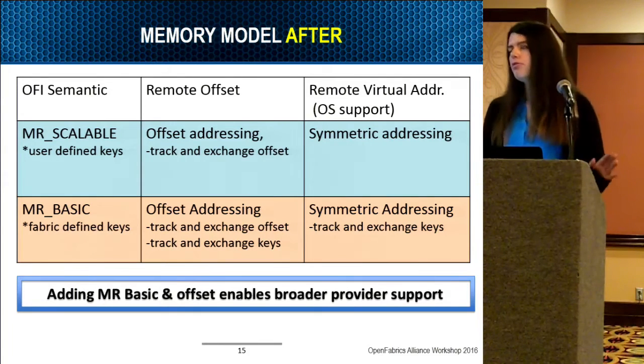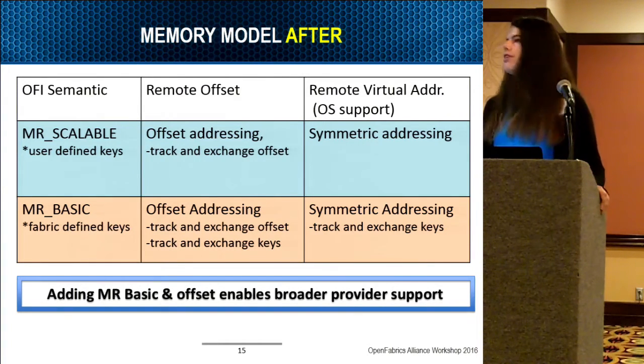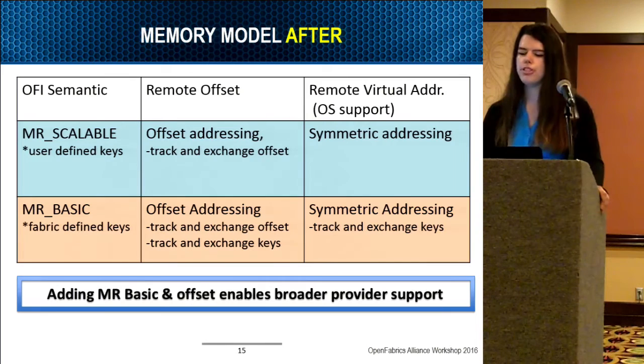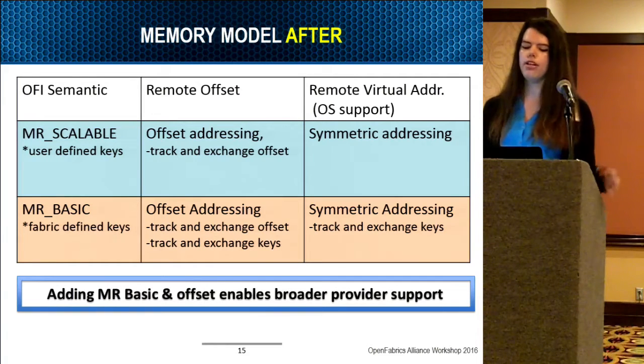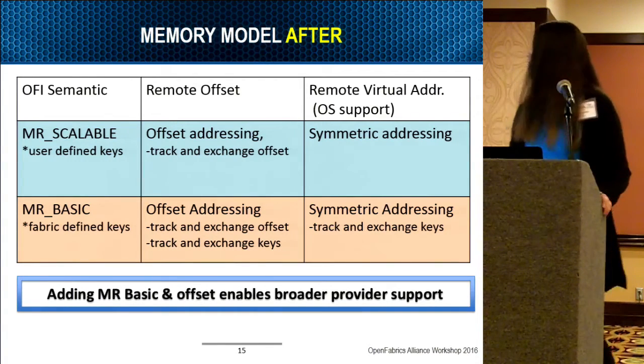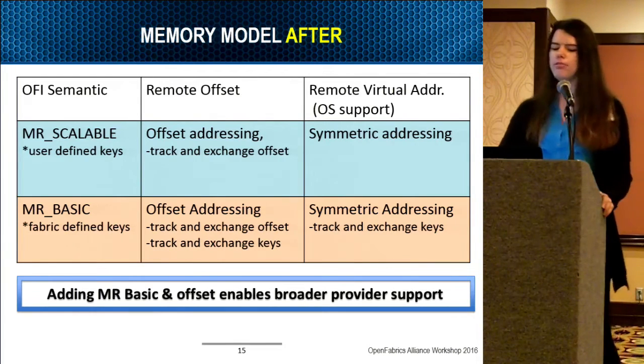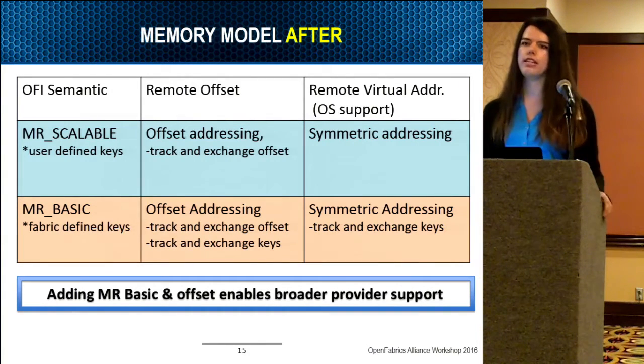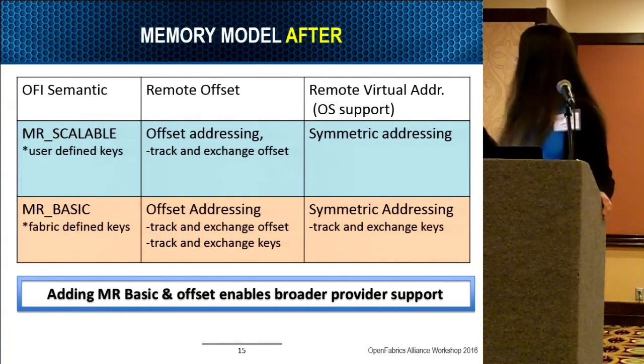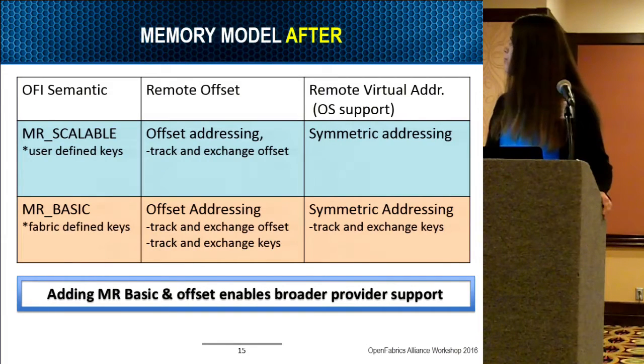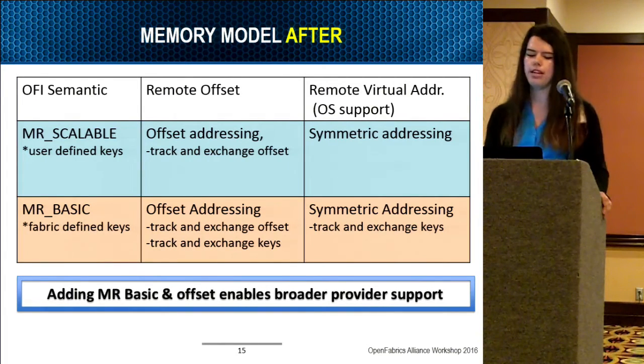Additionally, for portability, we don't want to always assume that the operating system can support symmetric addressing. In this way, we enabled the remote offset capability so that you can track the offset for your processing elements. This is really the matrix of what is now supported in terms of the memory model today.